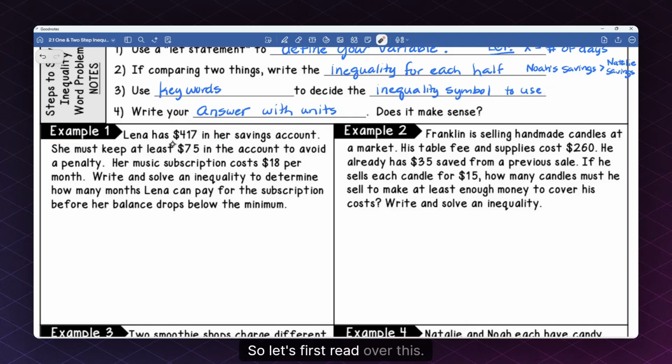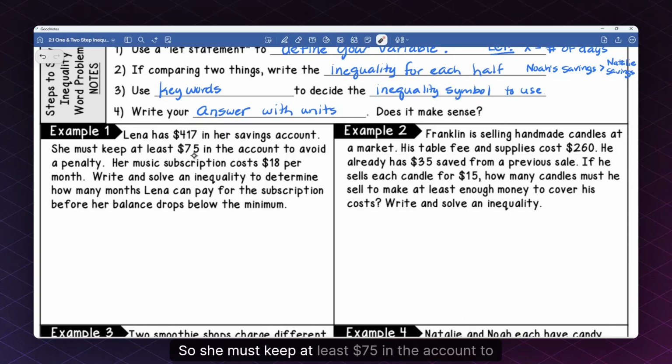Let's first read over this. I'm going to read through it in one pass, and then I'm going to go back and start figuring out what the components are that are important. So it says Lena has $417 in her savings account. She must keep at least $75. And I can give you a hint here that "at least" is one of those key phrases that refer to an inequality symbol.